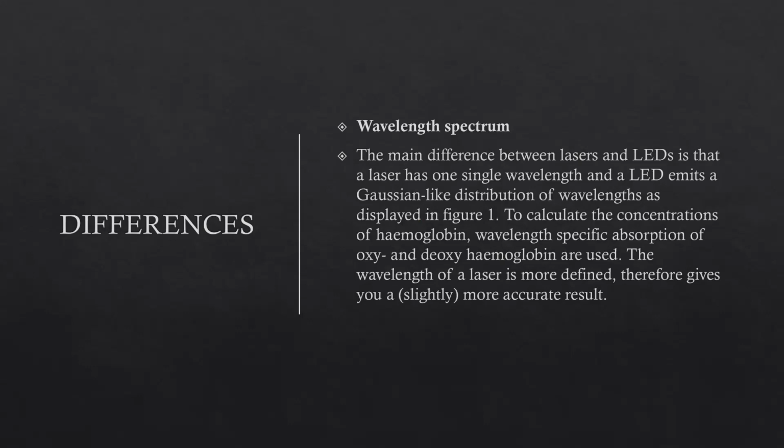The main difference between lasers and LEDs is that a laser has only a single wavelength and an LED emits a Gaussian-like distribution of wavelengths, as displayed in the figure. To calculate the concentration of hemoglobin, wavelength-specific absorption of oxy- and deoxyhemoglobin are used. Okay, that's all. Thanks for listening.